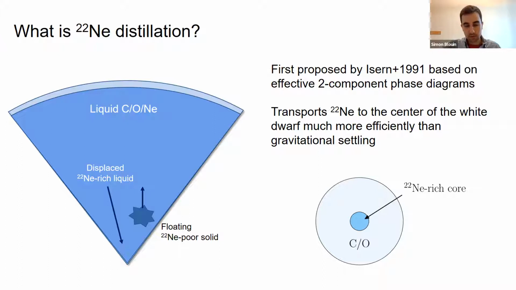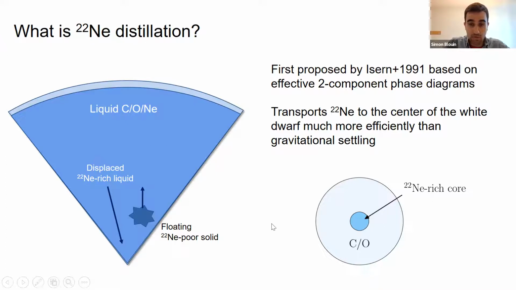So it keeps going on until you reach a very particular point in the phase diagram where we can predict that the mixture will just freeze at this constant composition. And this constant composition is 30% neon 22.